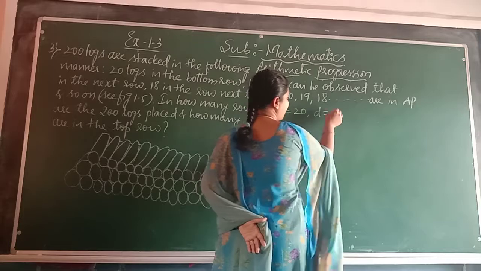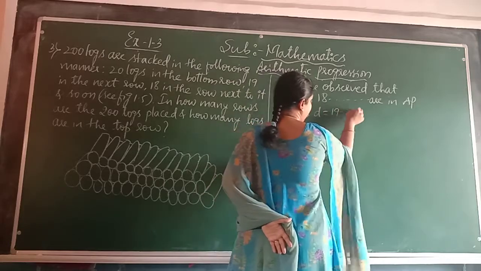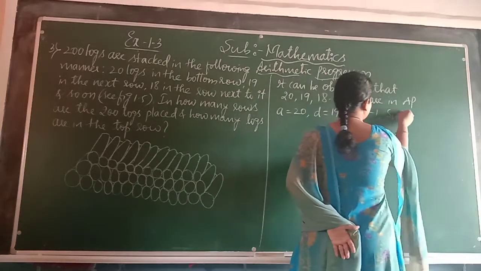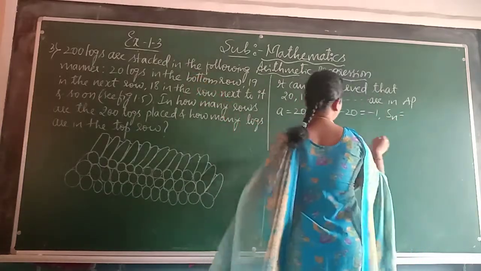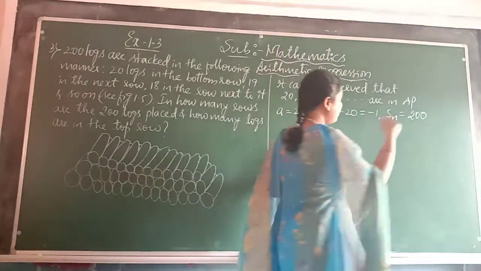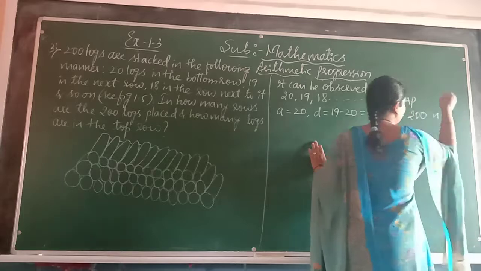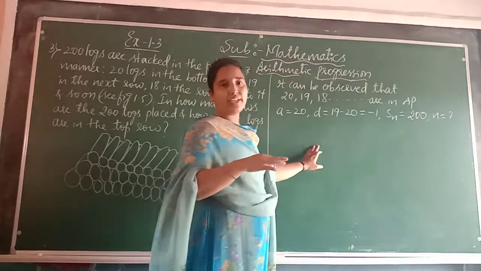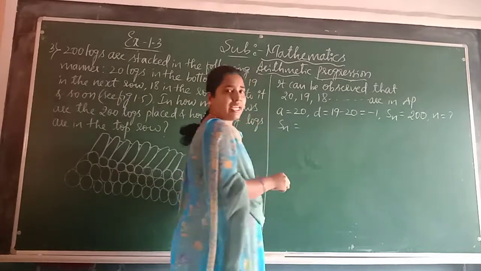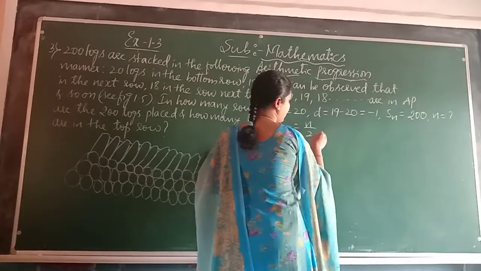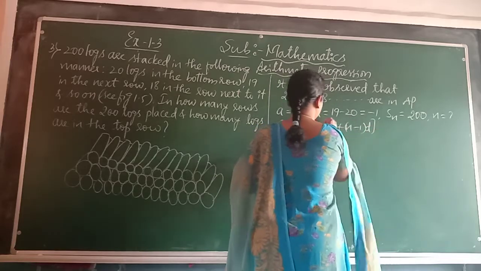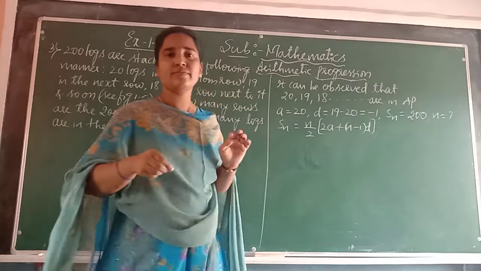Common difference d equal to 19 minus 20, we will get minus 1, and the Sn value, how many? 200 logs are given, that is nothing but the Sn value. We have to find the number of rows of logs now. Use the Sn formula. Sn equal to n by 2 into 2a plus n minus 1 into d.